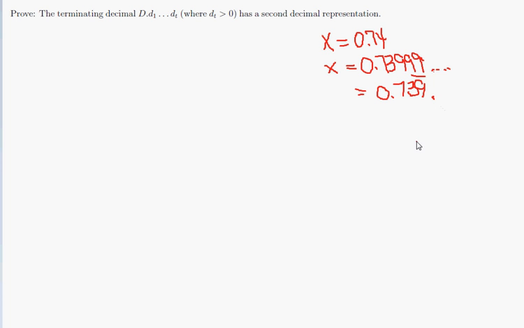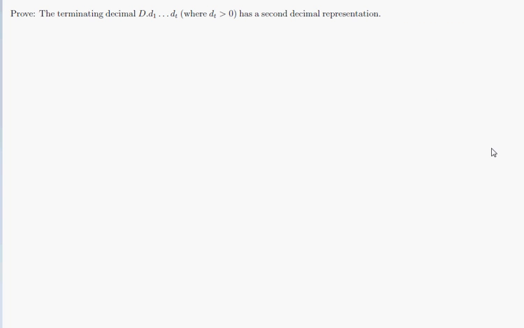These look like two different numbers, but in actuality they are the same number. The reason is that the 9 bar forms an infinite series, and so we have two different representations of the same number. So, proof.